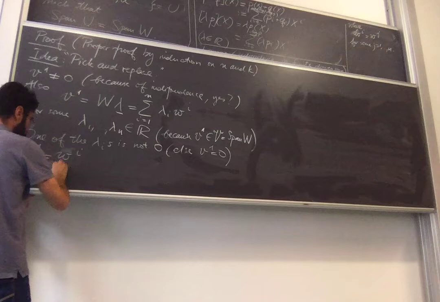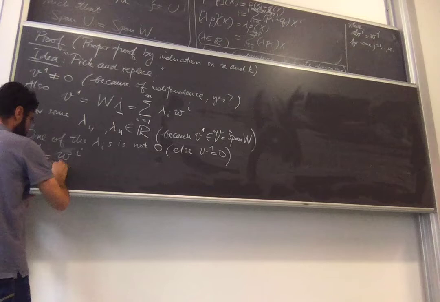So to show this, we need to find coefficients, let's call them mu, mu 1 to mu n, such that any element of V can be written like this.